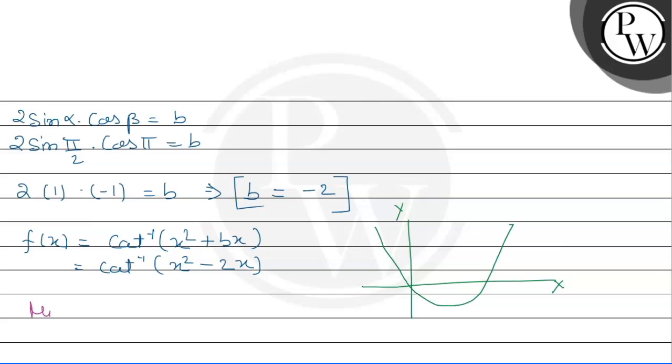Now the minimum value takes place at minus d upon 4a and goes to infinity, as a is greater than 0.